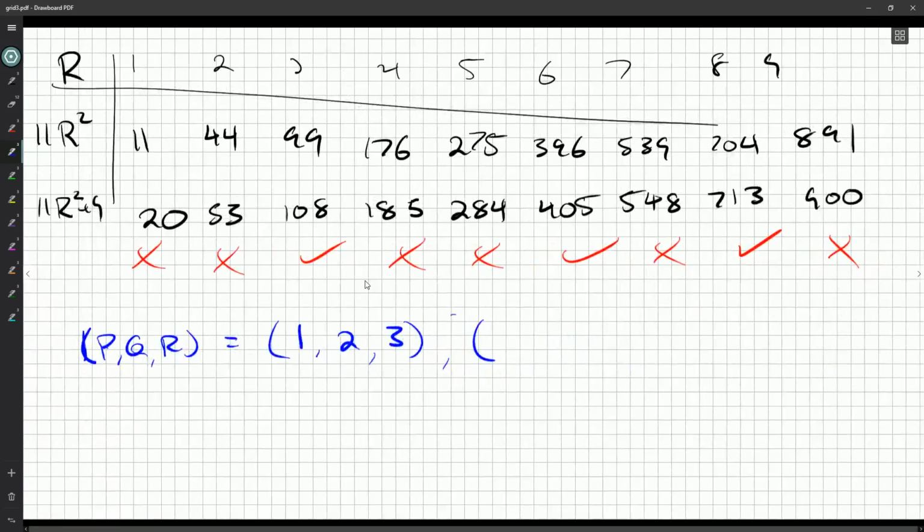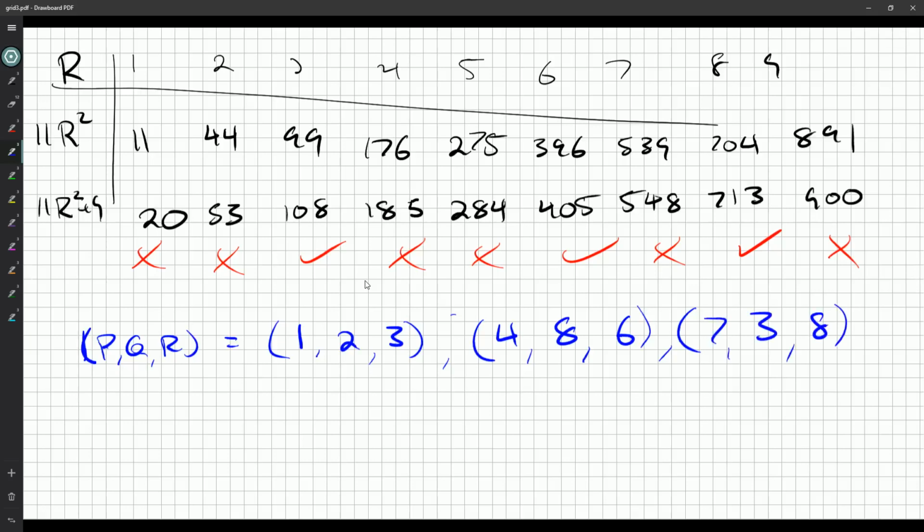Okay, R is 6, and then P is 4, and 8. So another one that we could have predicted, let's say. But now here we go, 707, R is 8, and 707 minus 3, and I'm just going to double check. 4 7s minus 2 3s, square root that, is indeed 88.